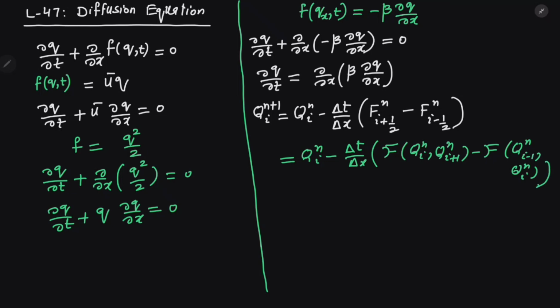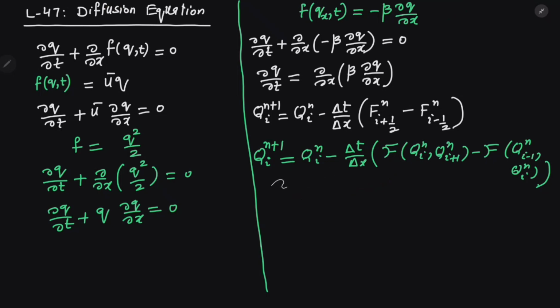So this is our numerical scheme for q n plus 1 i. We want to put this flux over here, so we replace the flux in this scheme.